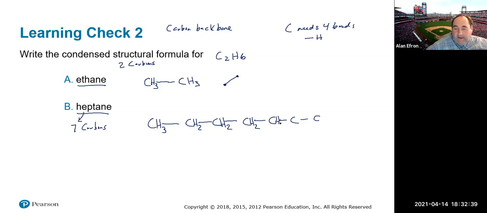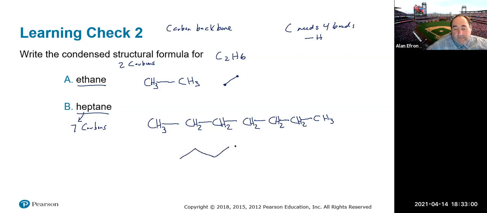Perhaps you see a pattern developing here. Same thing with this one, needs 2 hydrogens. The carbon at the end has 1 line coming to it, which means it needs 3 hydrogens, and that will give us our heptane. Our line structure would be 7 of these.